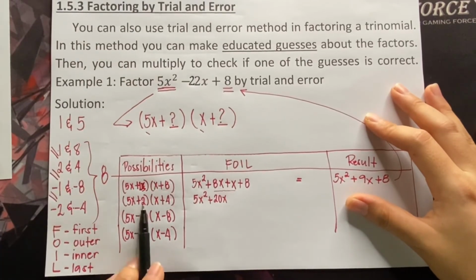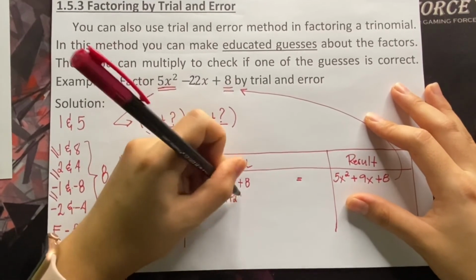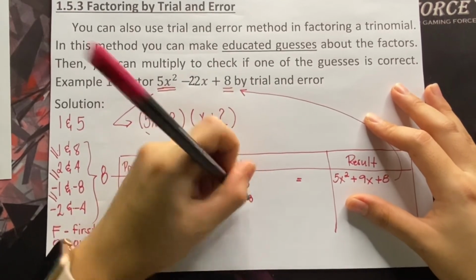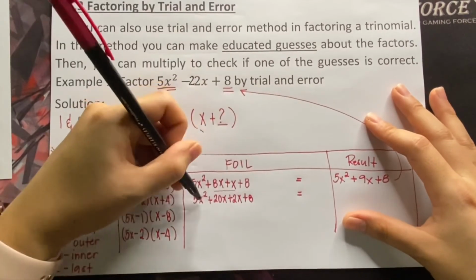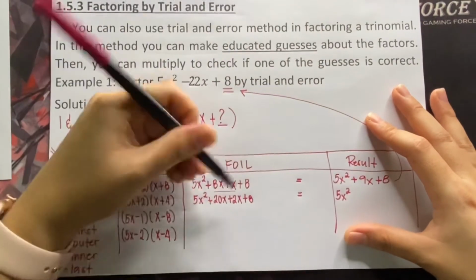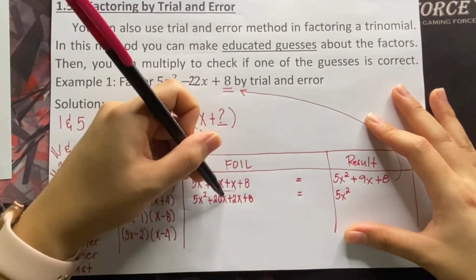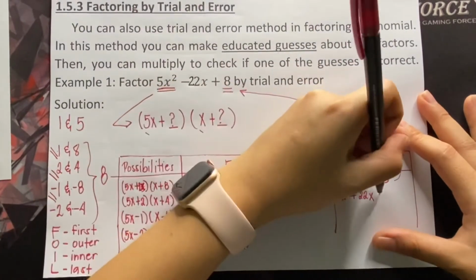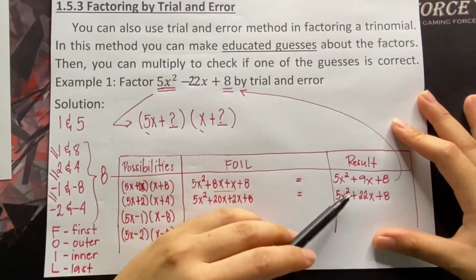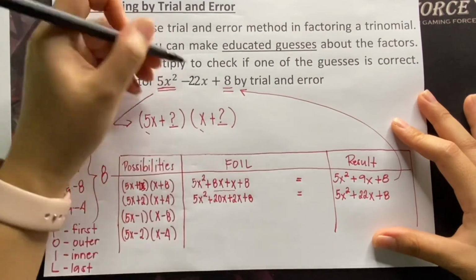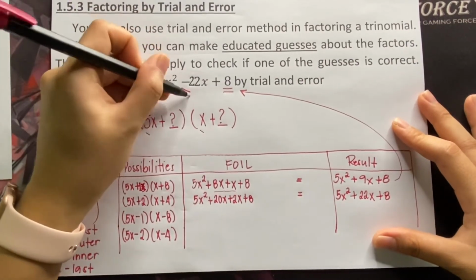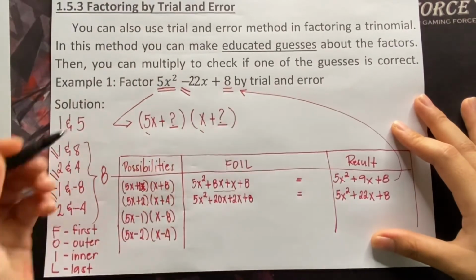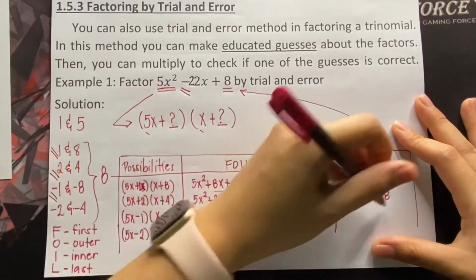Inner terms, 2 times x plus 2x. Last terms, 2 times 4 plus 8. Result, copy 5x squared, then 20x plus 2x, 22x plus 8. Hindi pa rin nag-satisfy because ang operation ng middle term ay subtraction. Ito ay addition.